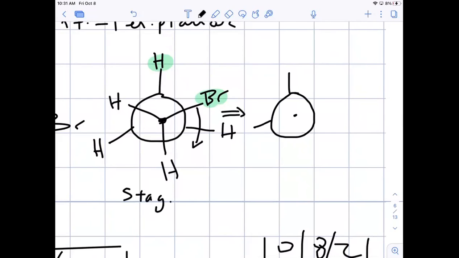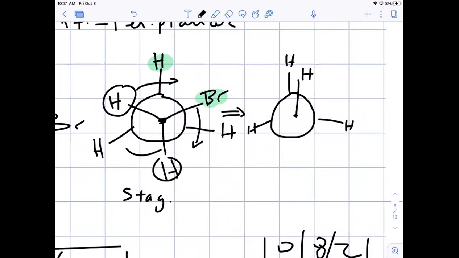So the back carbon is going to stay the same. And then the front carbon, the hydrogen here is going to come around. So this one is going to swing around to here. This is going to swing around. And then this hydrogen is also going to swing around. And then they're going to be overlapping. So that's that.